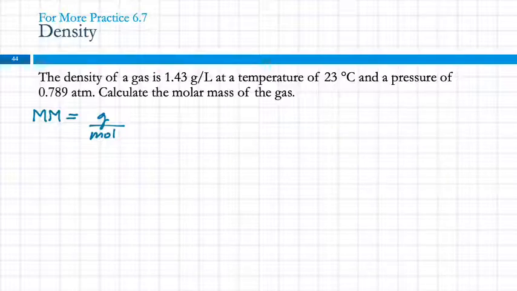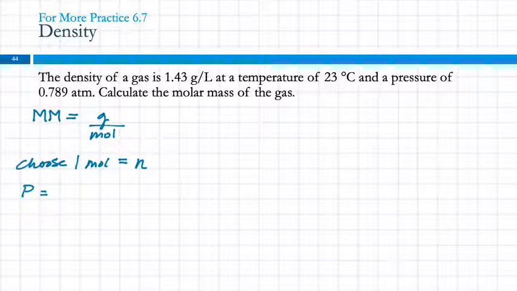I'm going to pick an amount of gas and find its mass and how many moles. It'd probably be easiest again to just choose 1 mole. So I'm going to choose 1 mole of gas, and I'm going to find out how much that 1 mole of gas weighs under these conditions. So that's my n. n is 1 mole.